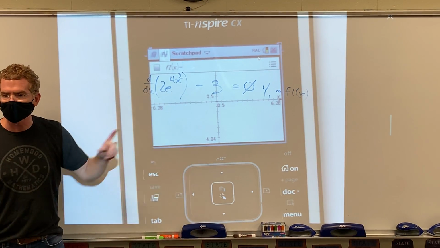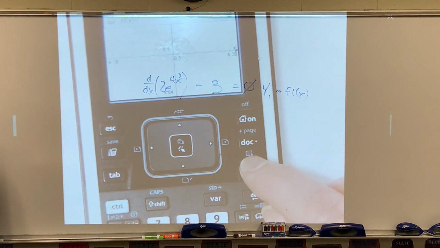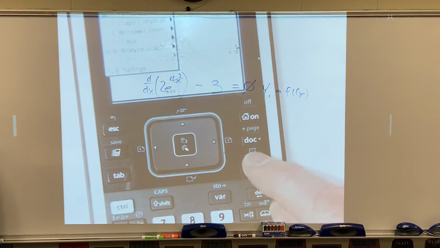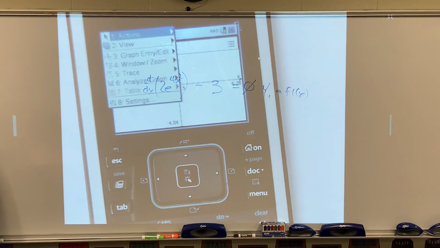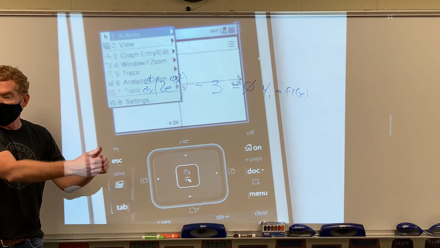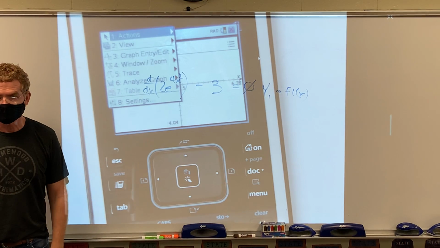Now, you know how when I told you to manually calculate the derivative, if you had an Inspire, I told you to go through menu calculus. Remember that? But notice that when you're graphing, you can't go through menu calculus. They don't want you to do that, because if you do that, it gives you the x equals value. Are you with me? And you don't want to find the derivative at a value, you want to graph the whole function. Okay?